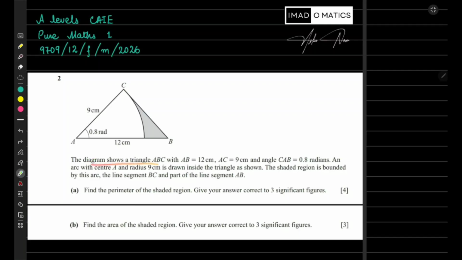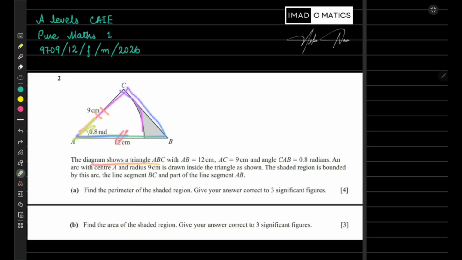The question says the diagram shows the triangle ABC with AB equal to 12 centimeters, AC equal to 9 centimeters, and angle BAC, or CAB, equal to 0.8 radians.